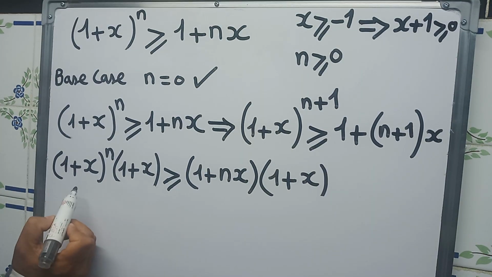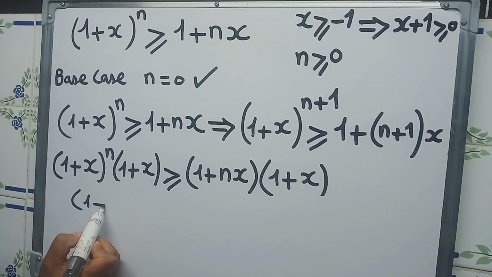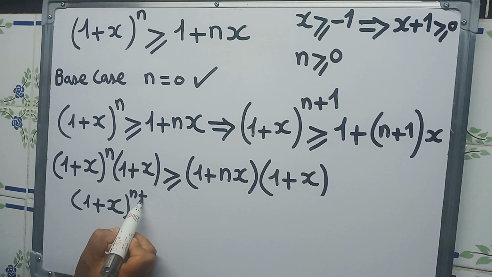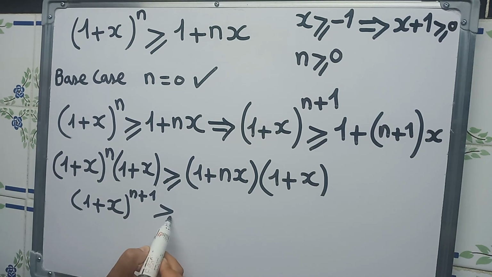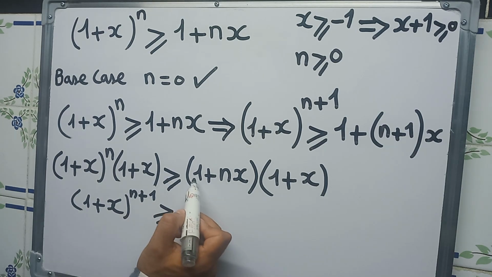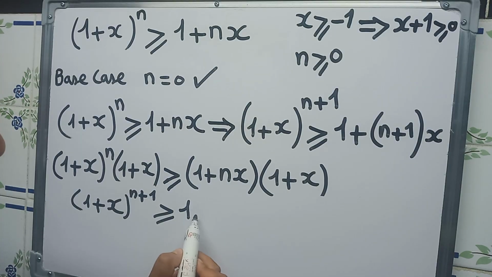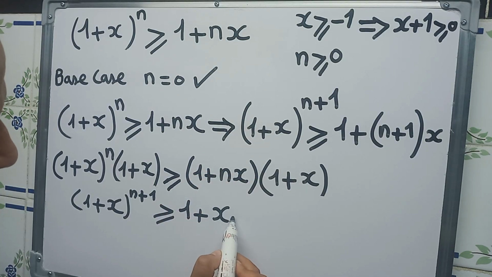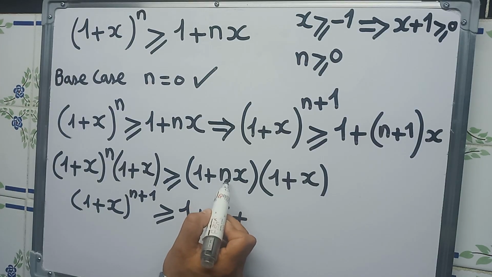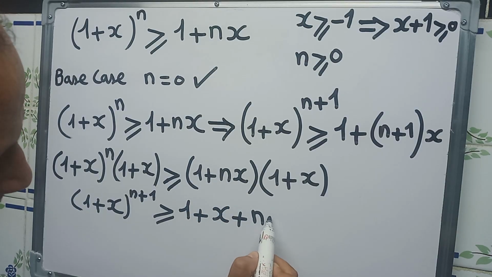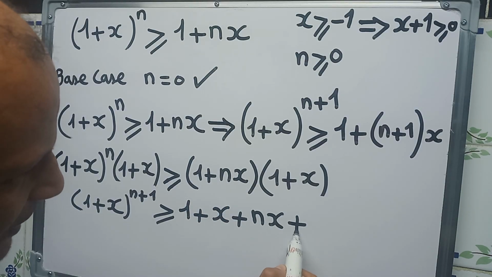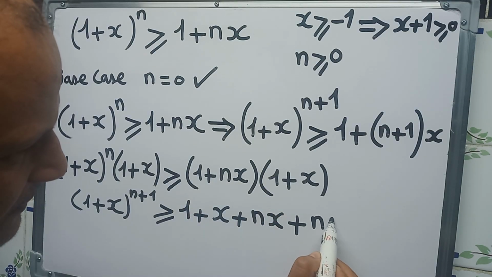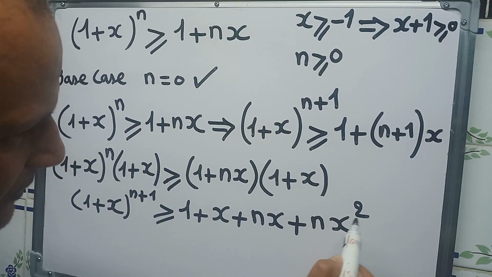And here, of course, (1 + x)^(n+1) is greater than or equal to, distributing, 1 plus 1 times x plus nx times 1, nx plus, of course, nx times x, nx squared.